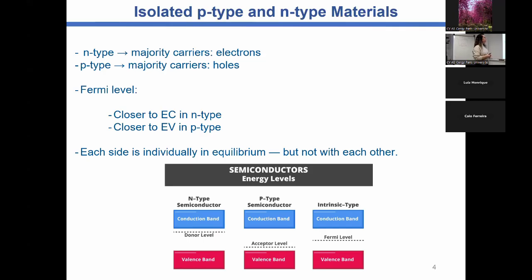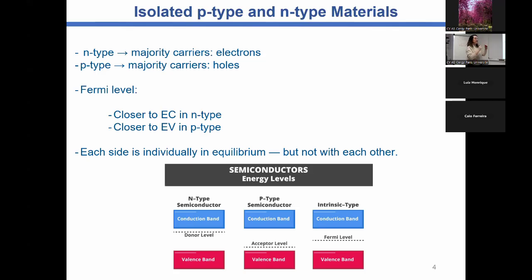So we will review what is happening before the junction, the isolated p-type and n-type material. It's worth mentioning that we have one semiconductor with two different dopings. If you remember from the last class, n-type was, for instance, silicon with phosphorus dopant, and p-type was silicon with boron dopant.